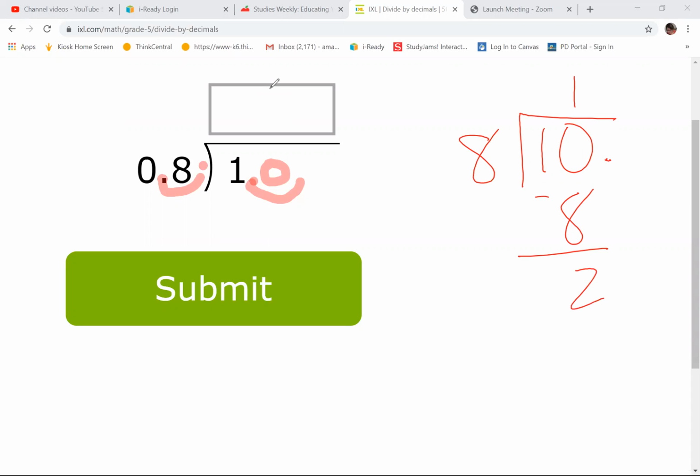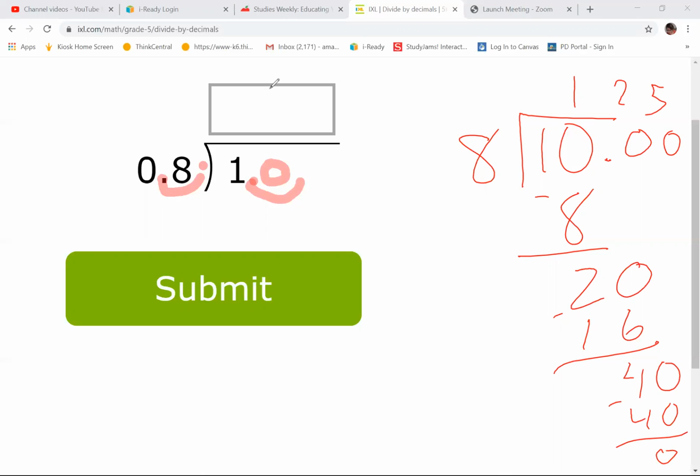No remainders allowed. It has to be a decimal. So I add a 0 and bring it down. What number times 8 is 20? Well, it's going to have to be 2, and that'll be 16. And when I subtract, I get 4. Let me add another 0 and bring that down. Ooh, it's going to be 5 here because 5 times 8 is 40, and now I'm at 0.